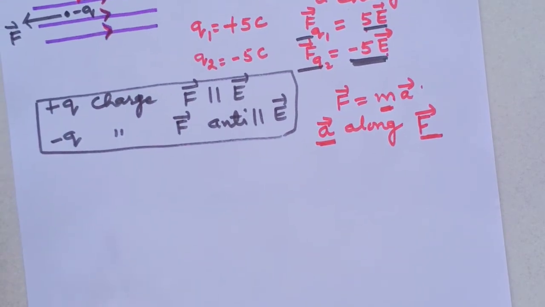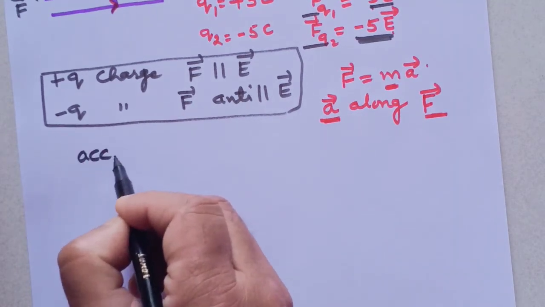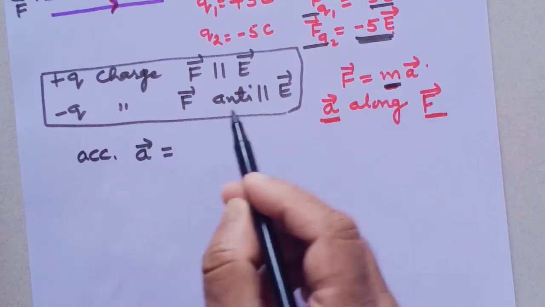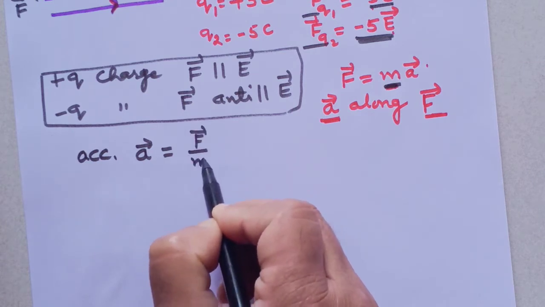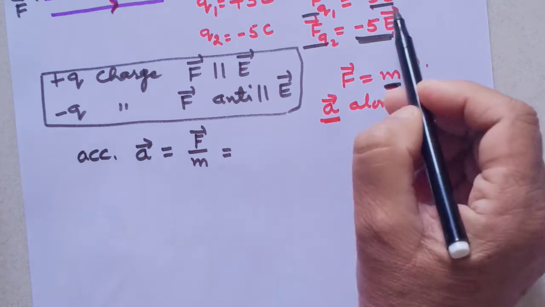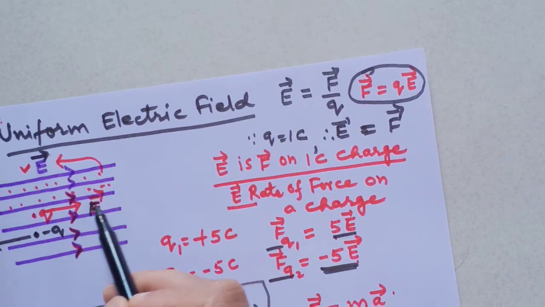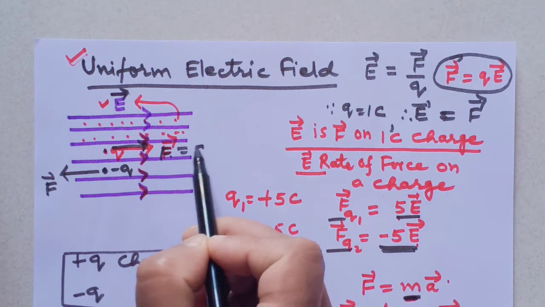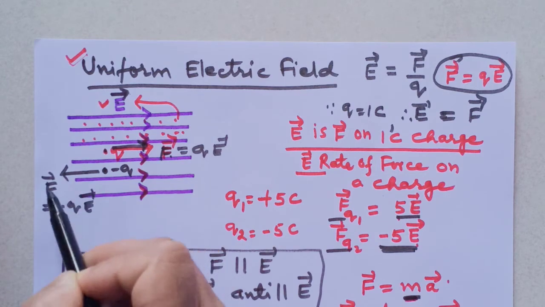So acceleration on the charged particle having mass m will be given by F upon m. Now F here is Q into E. Q charge is kept here in the field, so F is equal to Q into E. Again this is minus Q into E for the negative charge.